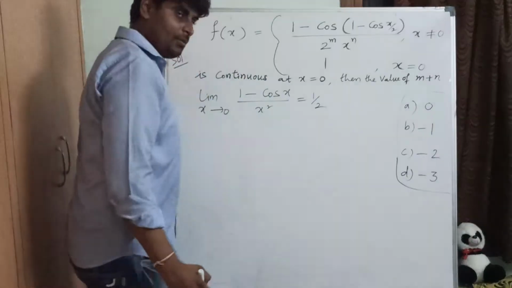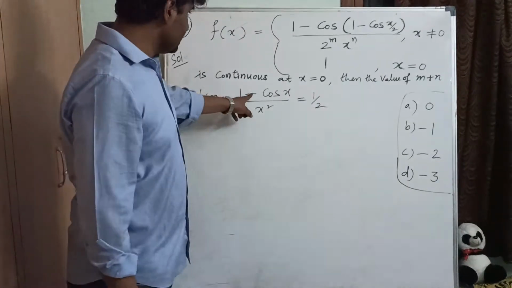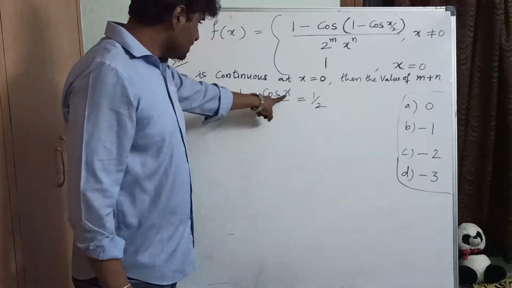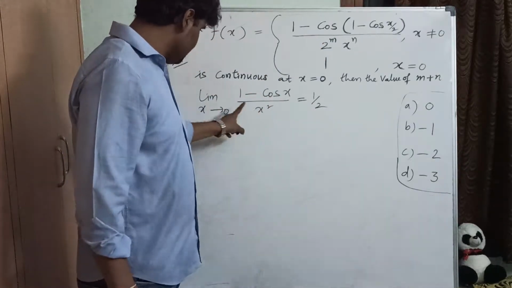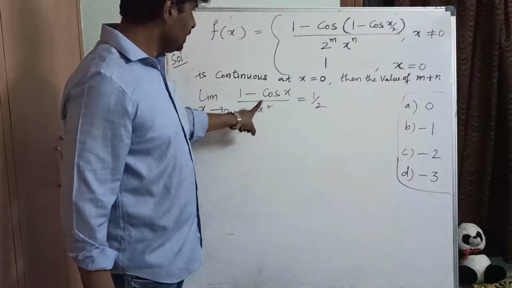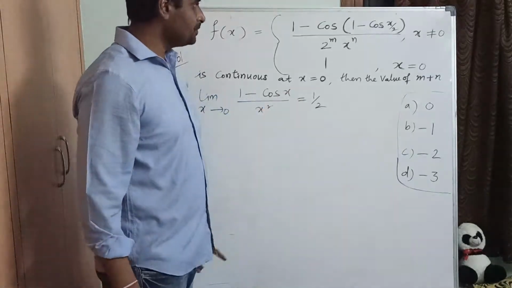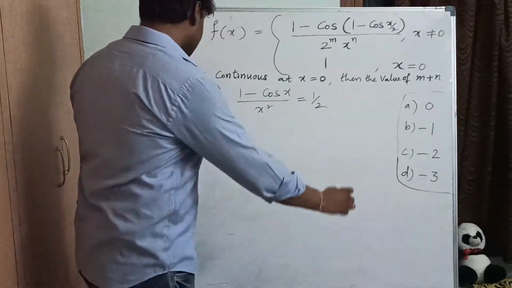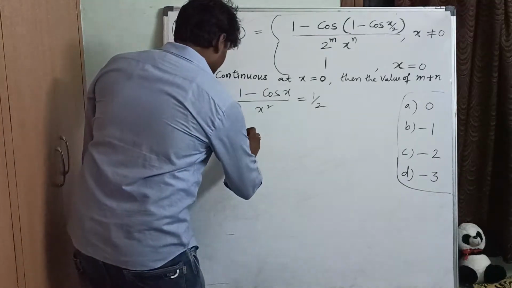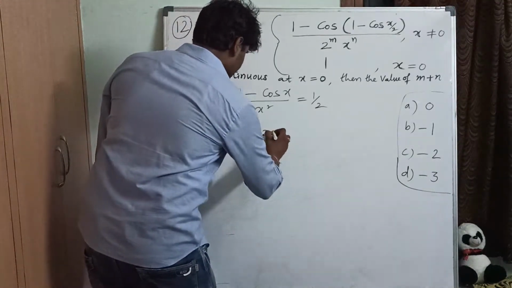Correct or not? Do you know this formula? Basic formula: 1 minus cos something by same thing square, where that same thing tends to 0, equals 1 by 2. Correct? This is one result. And generally, what is the formula for 1 minus cos 2x?